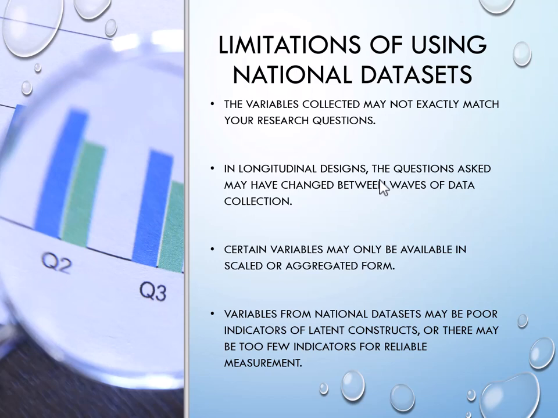But with national surveys, you may have weak factor loadings because the survey was not specifically designed to measure that latent variable. You are adapting the existing questions to measure the latent variable.